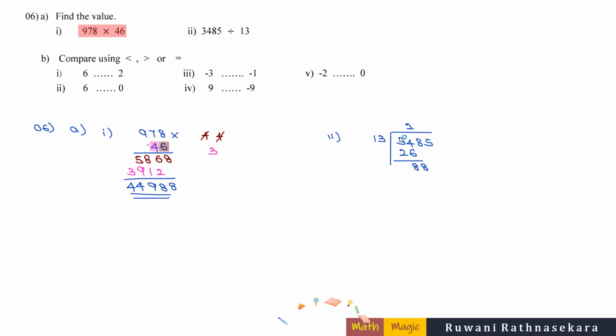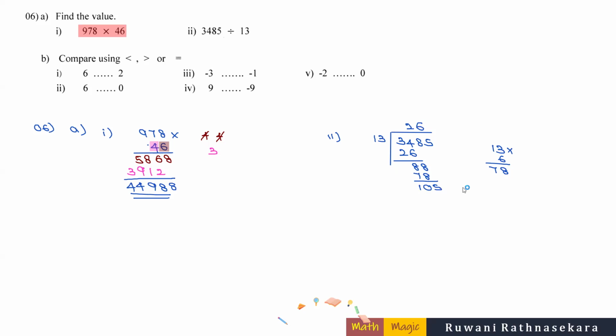Until you get a value close to 88. But if you add 6 13s together, it will be 78. And 13 times 7 will be 91. Therefore, 78 is what you have to consider. 6 times 13 is 78. Then 10 remains.